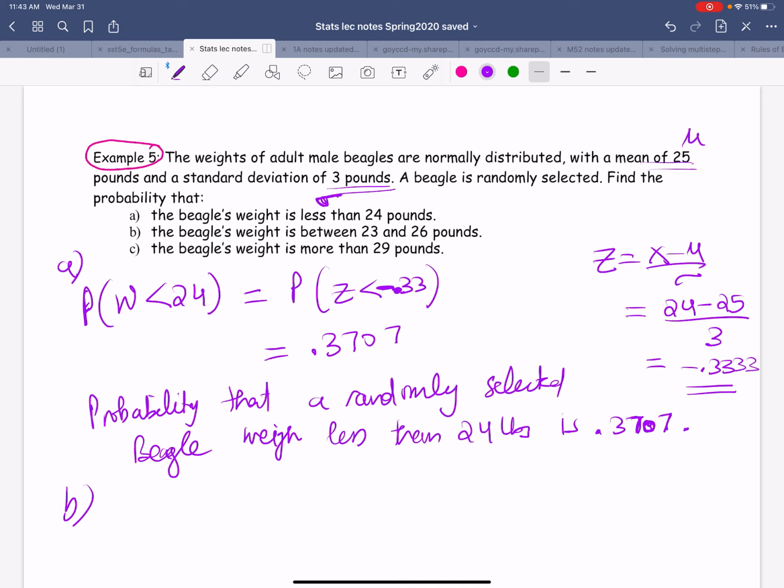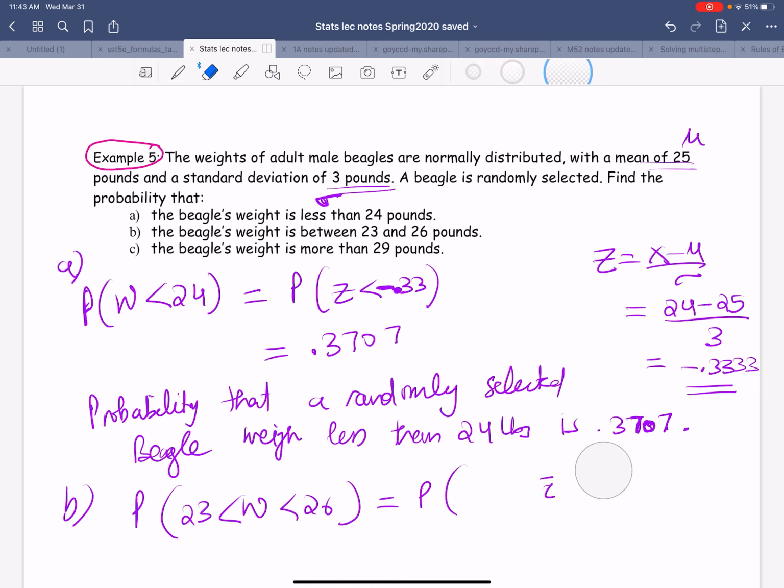Let's look at part B. The beagle's weight is between 23 and 26 pounds. So what's the probability that the weight lies between 23 pounds and 26 pounds? I need to convert both of these into z-scores and find the area in between those z-scores.